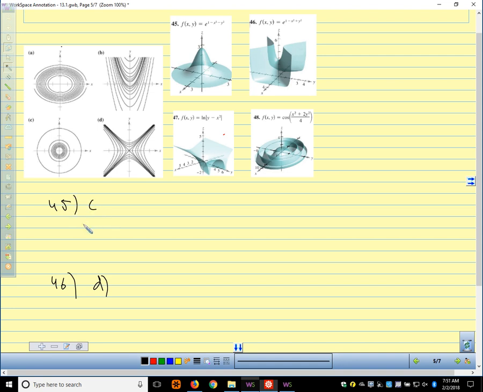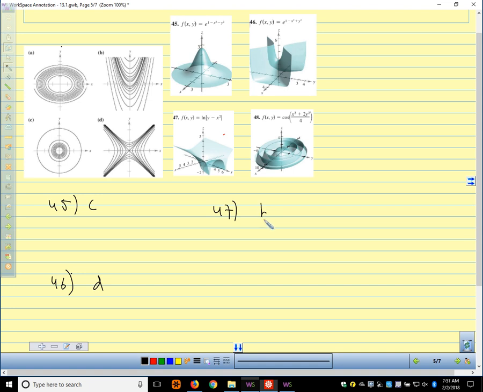And I'm leaving some space here because I'm going to show you how we get the equations for these contour lines from the equations of the function. All right, how about 47? B. We have these parabolas, and we have this kind of parabolic shape here.